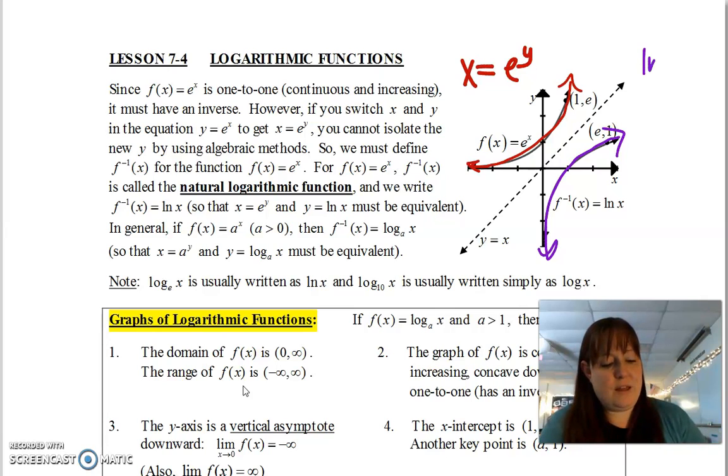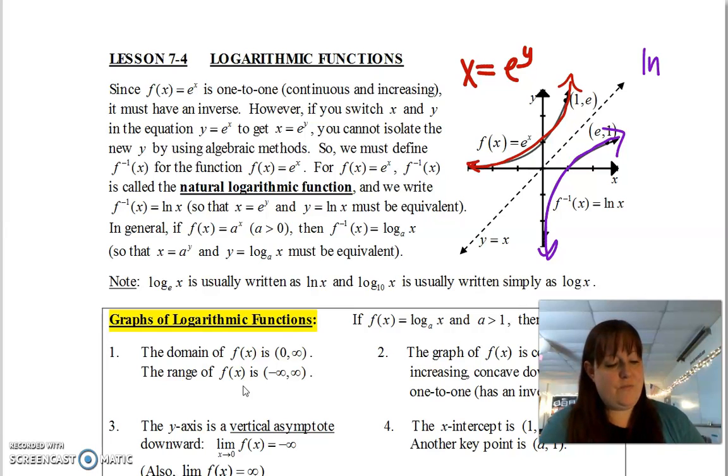We write it like this, ln. It's really just log base e, but because we use it so much, we gave it its own symbol, which is ln of x. So the natural log is the inverse of e, so they undo each other.